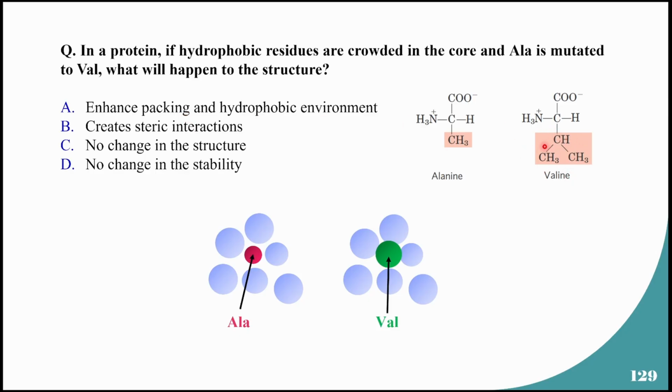Valine has a large volume side chain, right? So an alanine to valine mutation in an already tightly packed environment will be disfavorable. Okay, because if it is changing into a higher volume, that means it will increase the steric hindrance or steric clashes at this particular position.